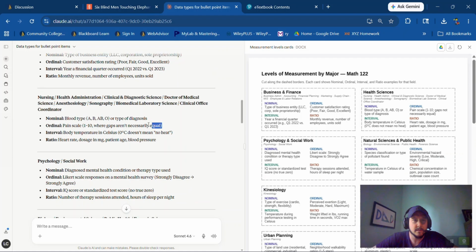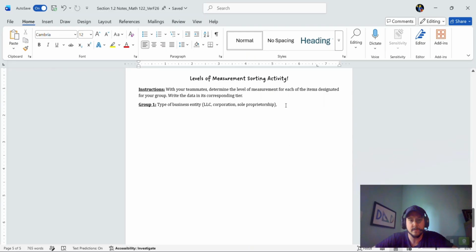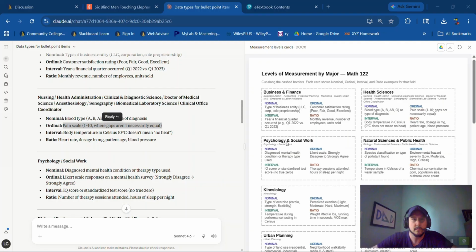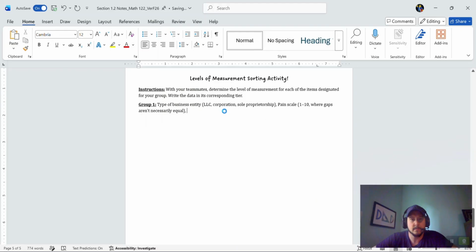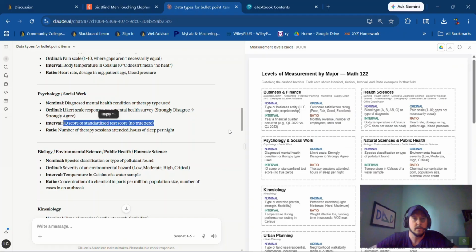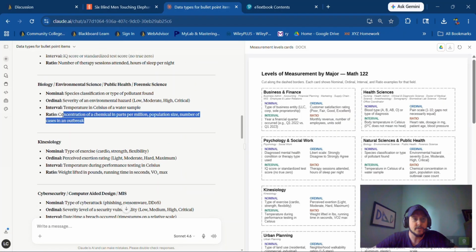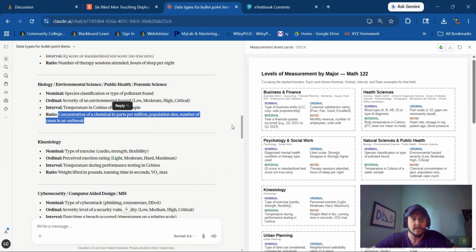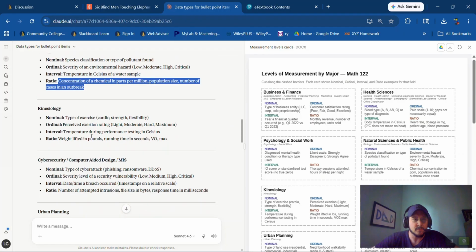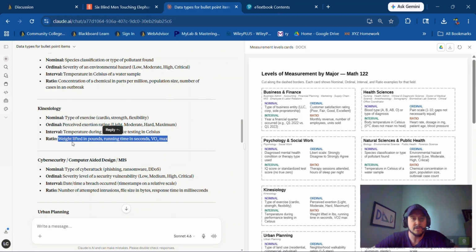Then I'll go to ordinal for the next one. Then I'll go to interval for the next one. And I'll go to ratio for the next one. And then I'll kind of go in reverse order. So from kinesiology, I'll select the ratio.